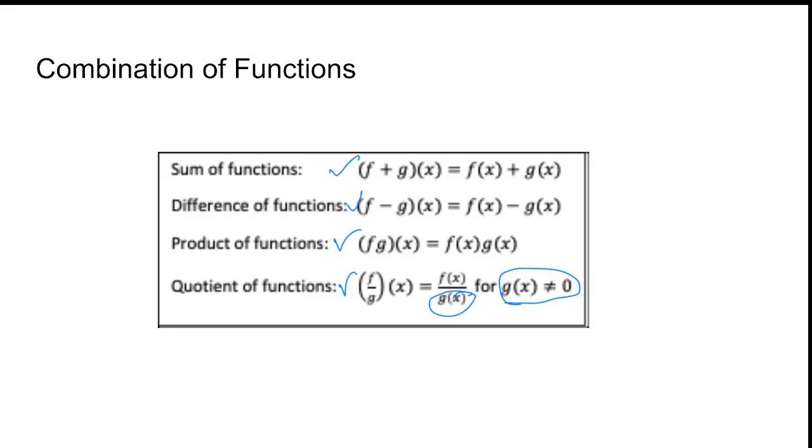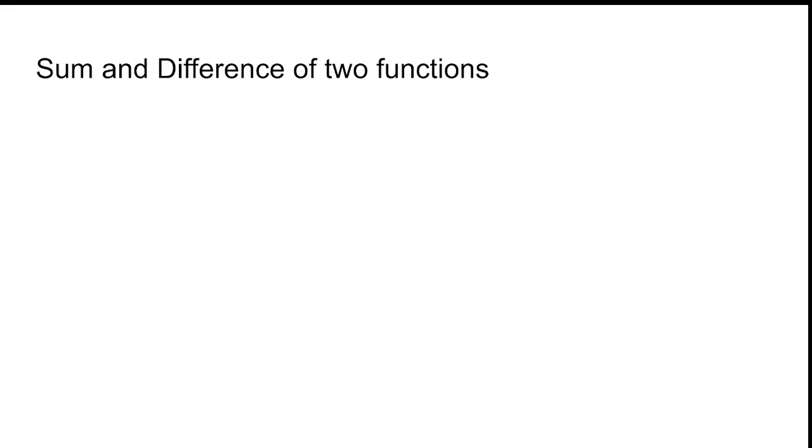So we will look at domain with this situation. Most of the others we don't have to worry so much, but let's just look at a few examples. We'll see that the first two is really just combining like terms, but let's go ahead and take a look. Sum and difference of two functions.